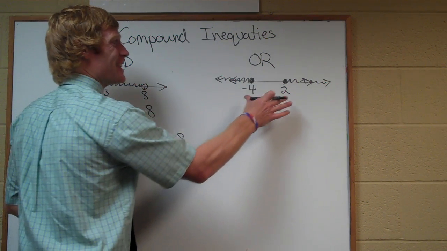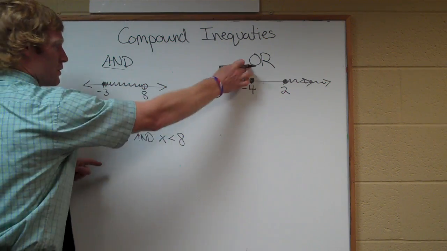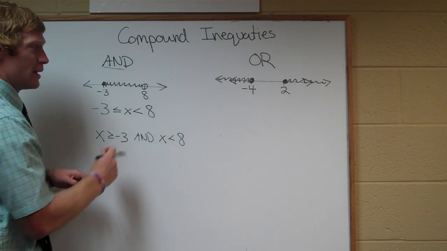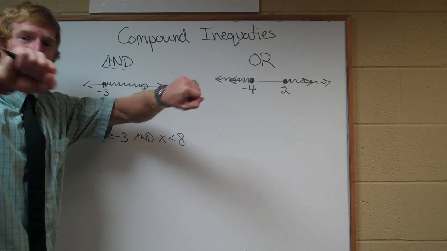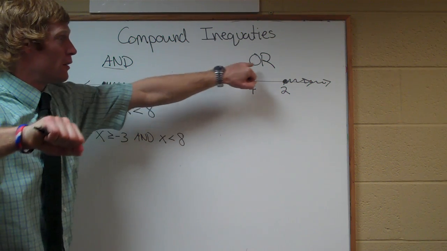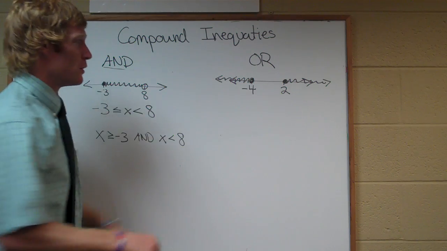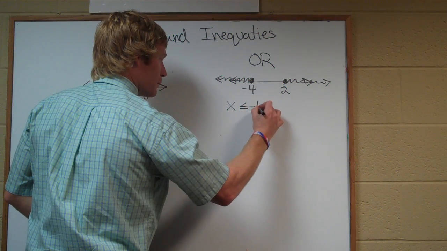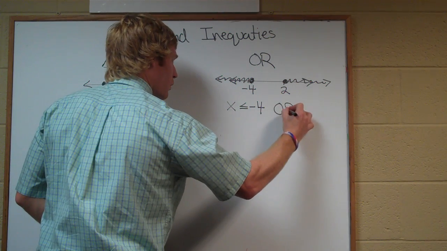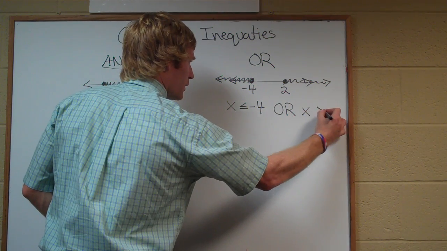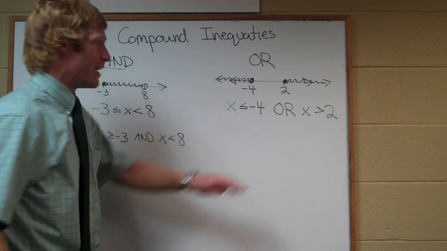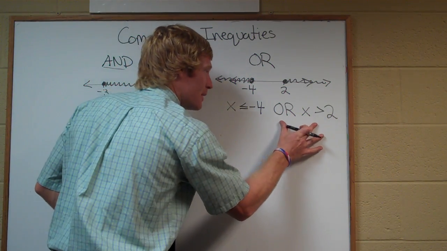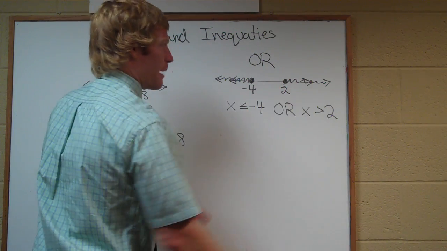So I'm going to write this, and I can't combine or statements into and statements that look like this. All or statements will be separated by the word or. So I get X must be less than or equal to -4, or X must be greater than 2. I cannot combine these. They have to be left separate because, again, there is no overlap.